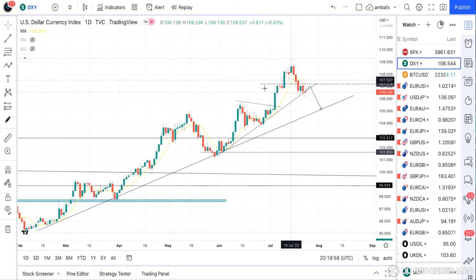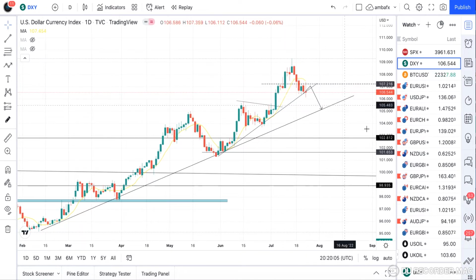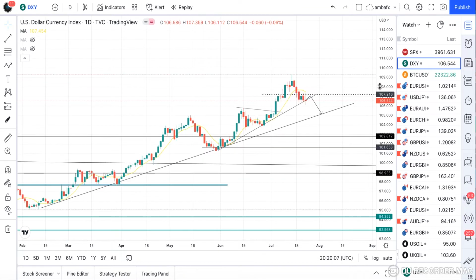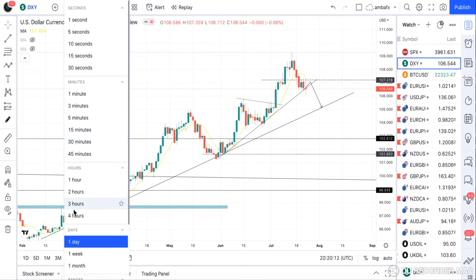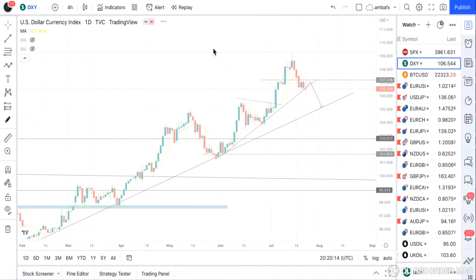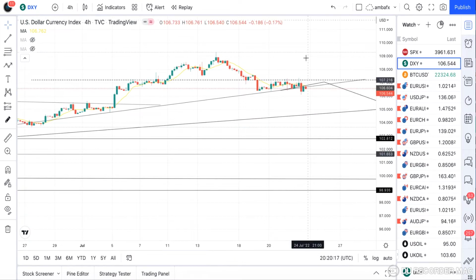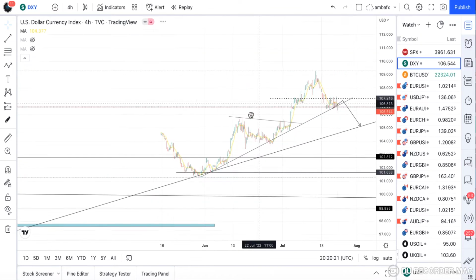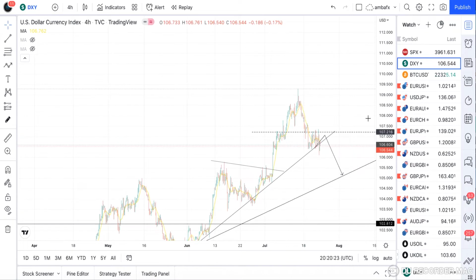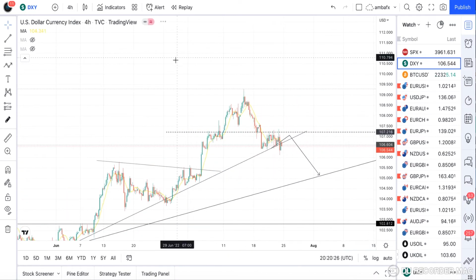Checking at the technical level, we can still see more decline to the downside, because at this area, if we zoom in very well, we can see something like a head and shoulder there. Let's go to the 4-hour time frame, and we should see the head and shoulder at that particular area. Let me zoom in and indicate it so that you can see it very well.